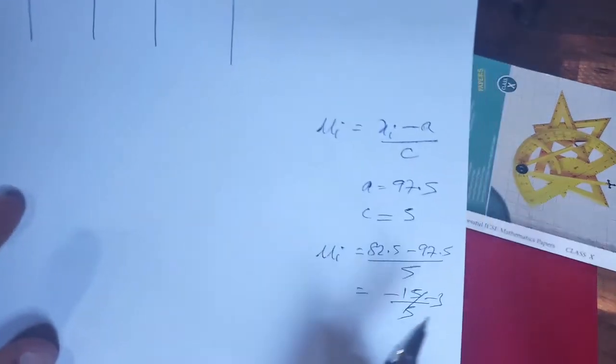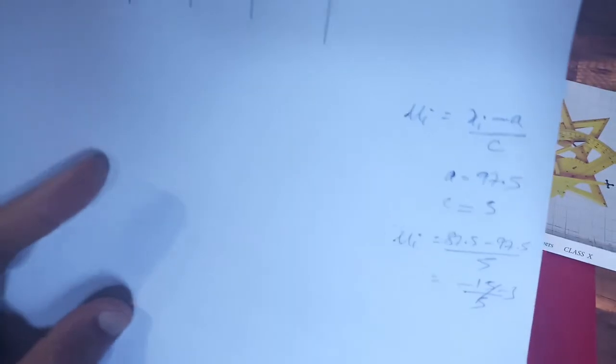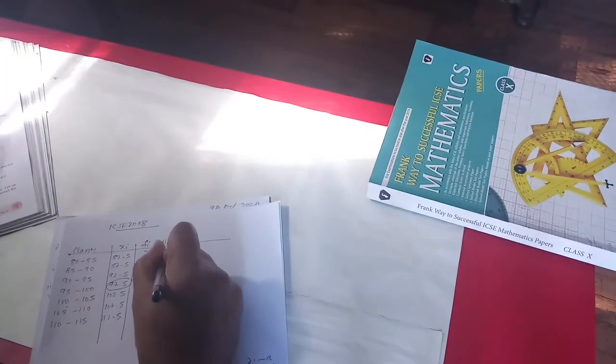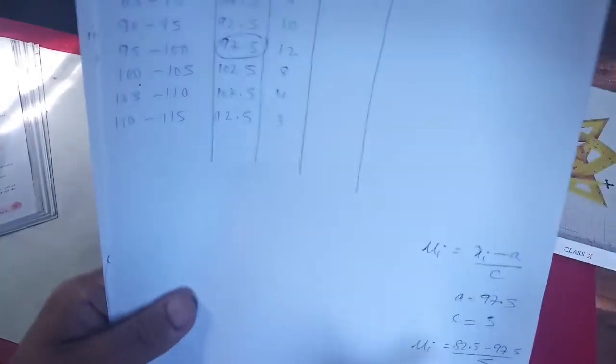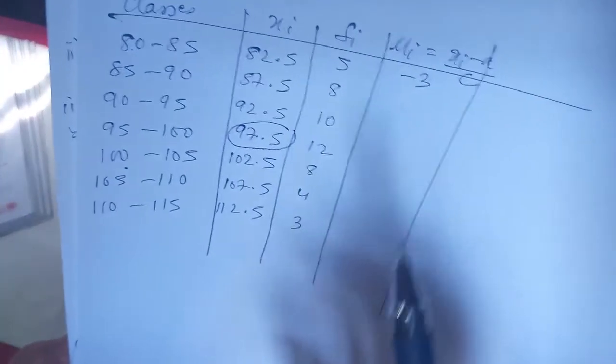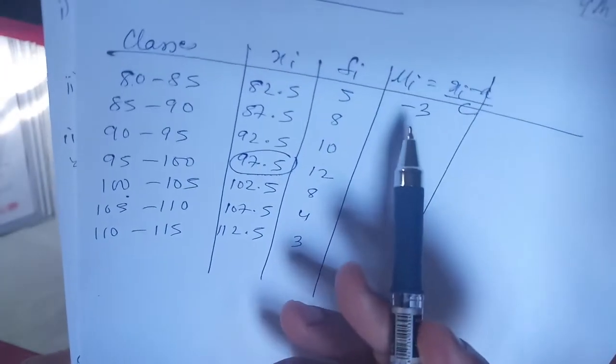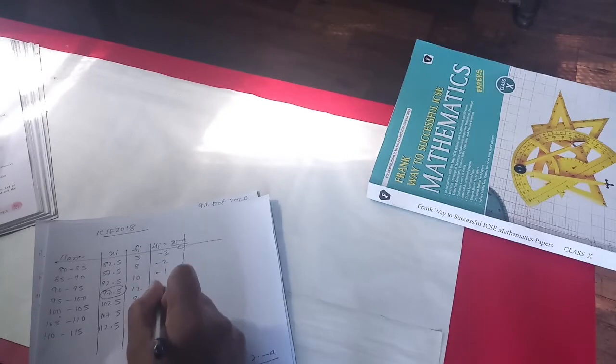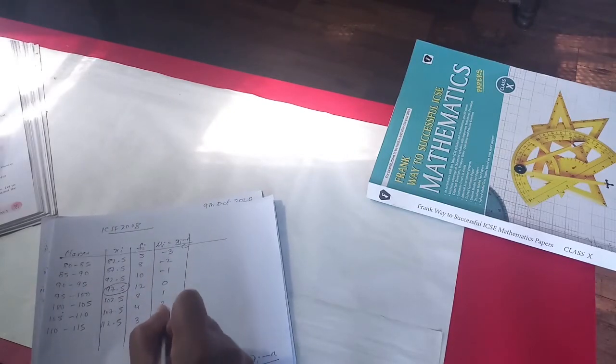So the first one is only here you need to calculate. Now use the logic. No need to simplify like this. So after minus 3 you go on increasing the number. What happens after minus 3? Minus 2. Yes. Then minus 1, 0, 1, 2, 3. It goes on like this.